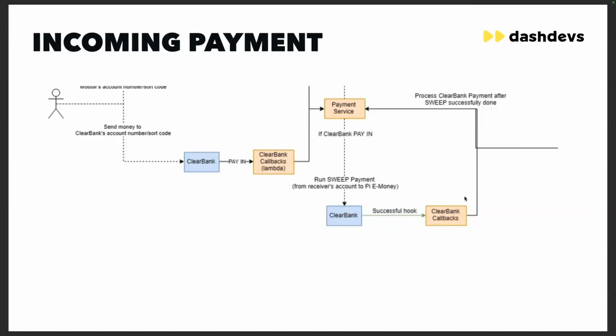So you can do a bunch of checks at this webhook, and then decide if you would like to sweep the money to the segregated account or not. Because in the case of ClearBank, you are not holding the money on the client's accounts, you are sweeping to segregated accounts, because that's what the EMI license requires. So that's the usual way it's done.